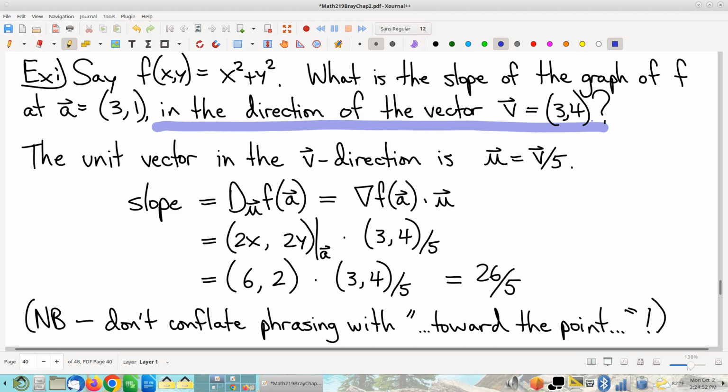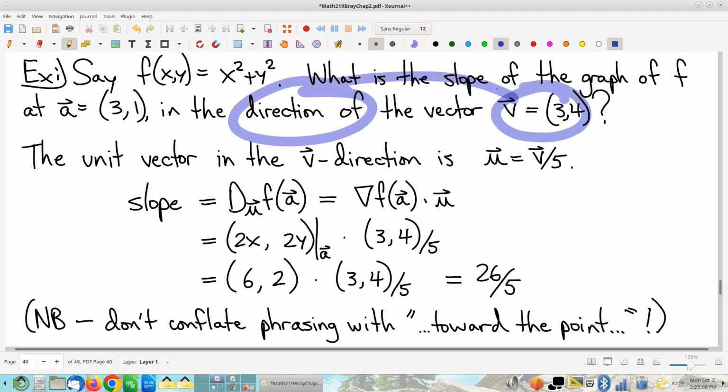If I had said in the direction of 3, 4, context should always make it clear whether this is a point or a vector. It says the direction of. Points don't have directions; points have locations. So even without explicitly saying this is a vector, direction of 3, 4 means interpret 3, 4 as a vector and then find the direction that vector points.